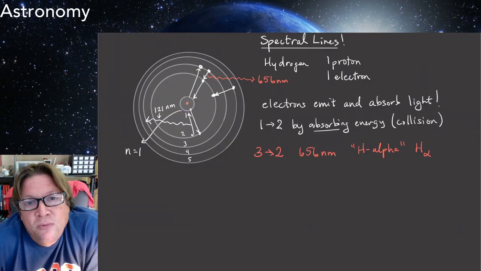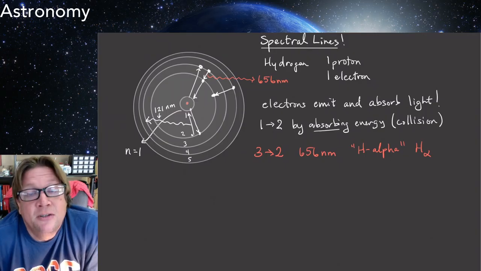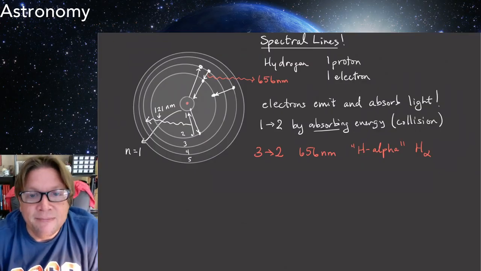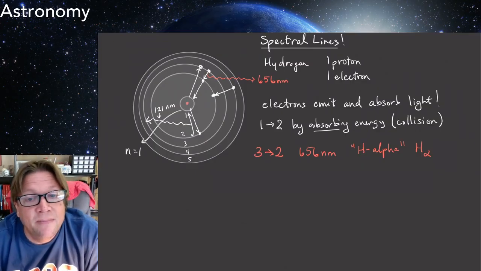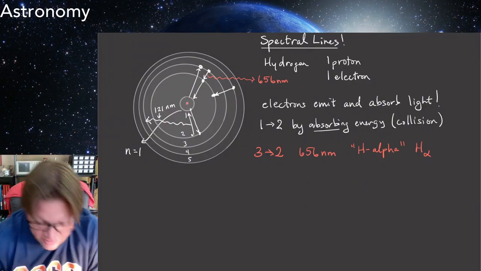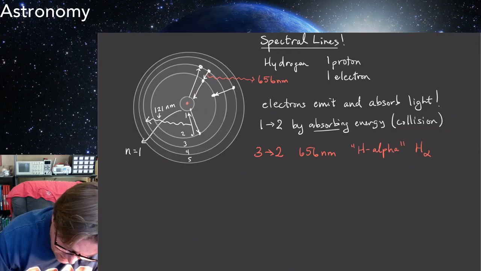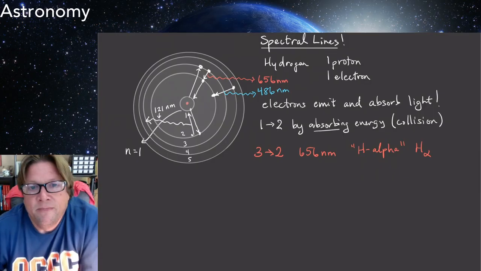If it falls from 4 to 2, look at that. That's a little bit bigger jump than 3 to 2. So that flash of light is going to be a little bit more energy. And it turns out the little bit more energy than red turns out to be sort of a blue line. This turns out to be 486 nanometers.